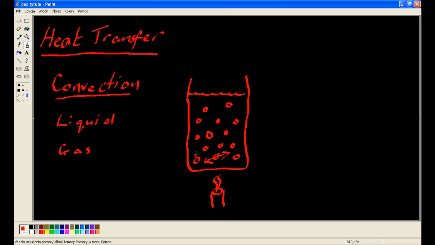This molecule bangs into this one, this molecule bangs again into this one, this molecule bangs against the side, this molecule bangs into this one. And the more you heat it up, the more the molecules bang into each other. And because they're banging into each other, they try and get further apart.